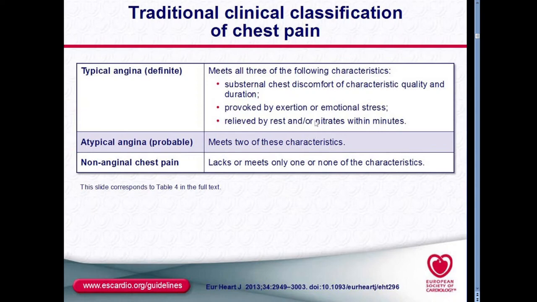Not 5, not 10, but a few minutes, 1-2 minutes. We can speak about probable atypical angina when it meets two of these characteristics, and non-anginal chest pain lacks or meets only one or none of these characteristics.